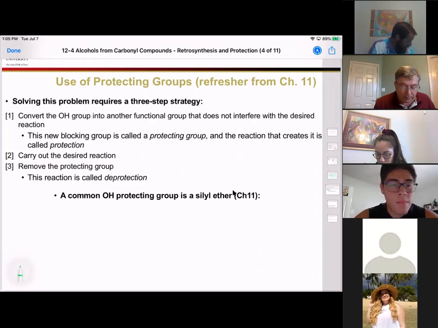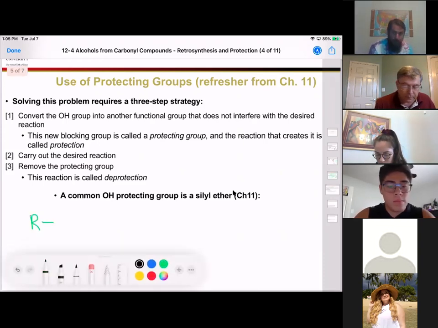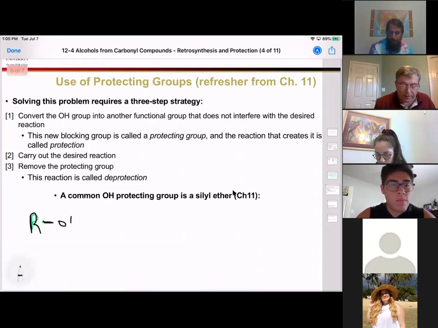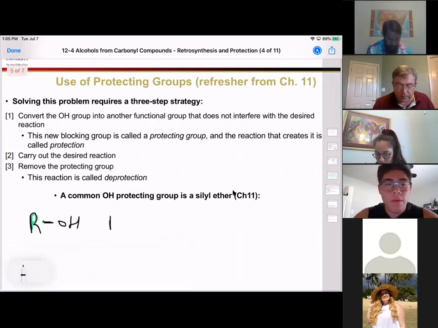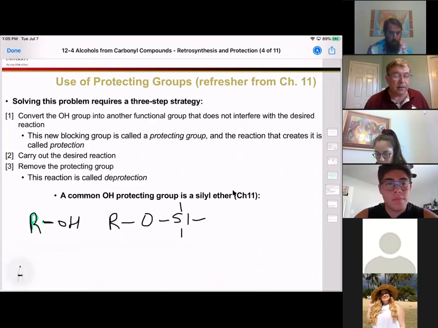And so the general reaction is an alcohol. Actually, let me switch over to black here. If we take OH right here and react it with some kind of organosilicon reagent, we can convert it to an R group with an O, Si, and then some kind of alkyl groups hanging off of that silicon, okay?